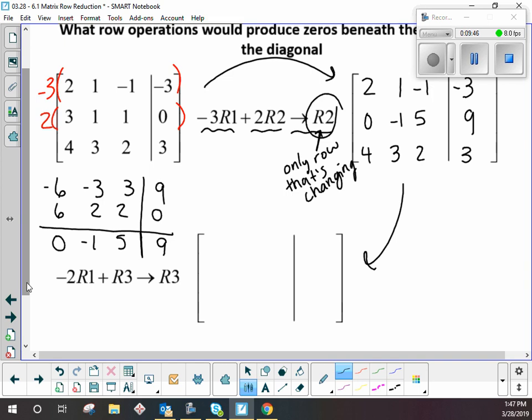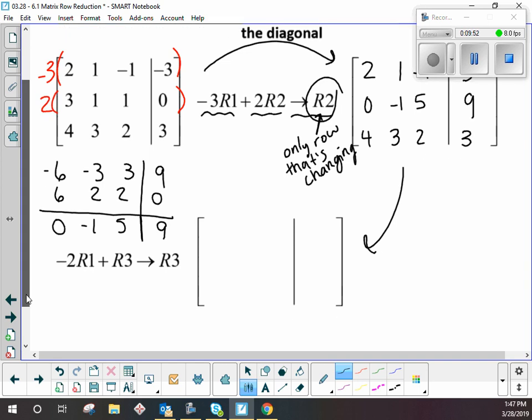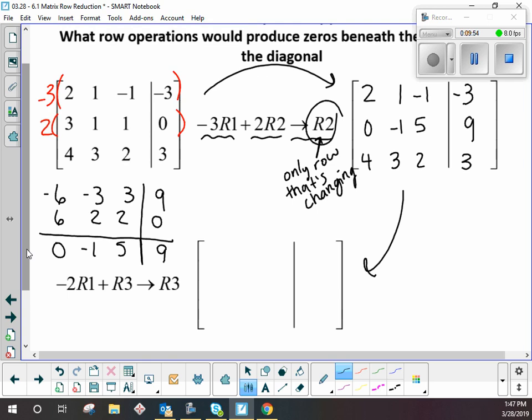So what's happening with, if I do negative 2 times row 1, well, let's just do that. So negative 2 times row 1 goes here. I'm going to do negative 2 times this. I'm going to add it to row 3, and it's going to give me my new which row? Row 3. What will be happening to rows 1 and 2? They're going to stay the same.